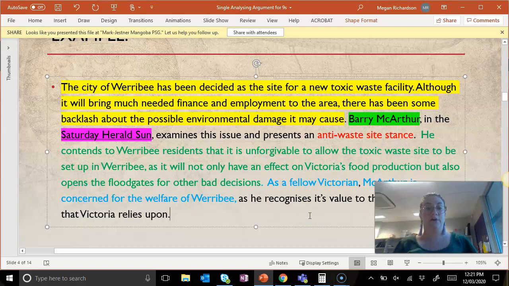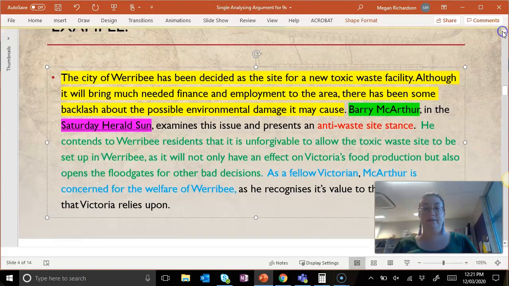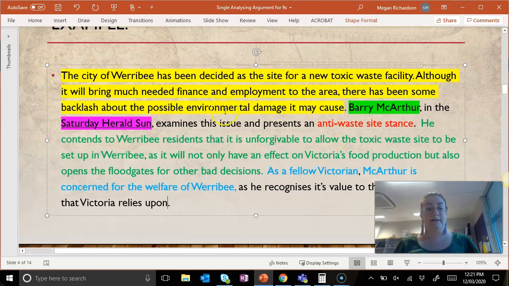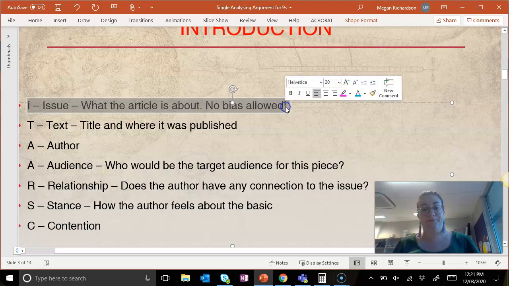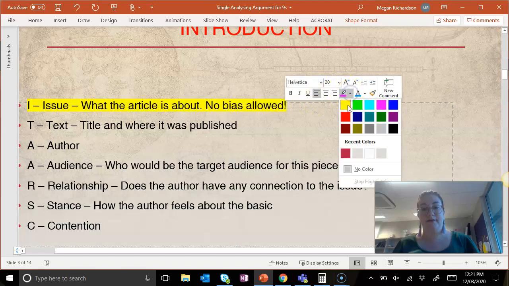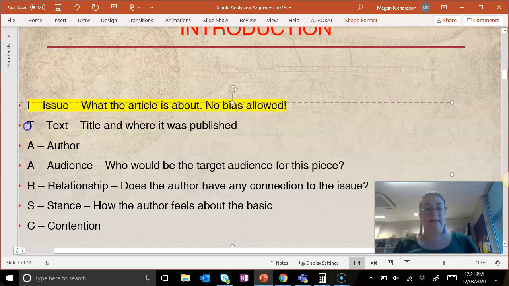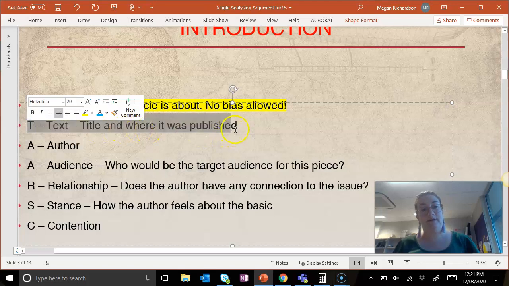Okay, so in that, let's go back one. So in that, I did the issue and I did that yellow. Let's highlight that yellow. And then I did the text title in pink.